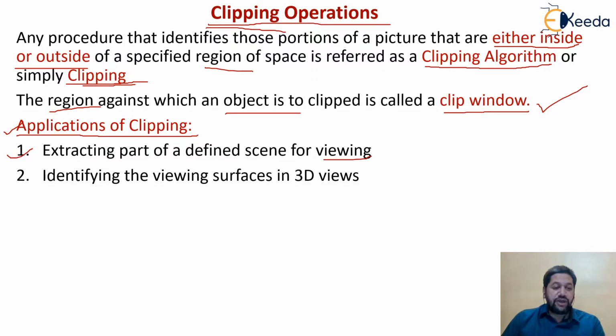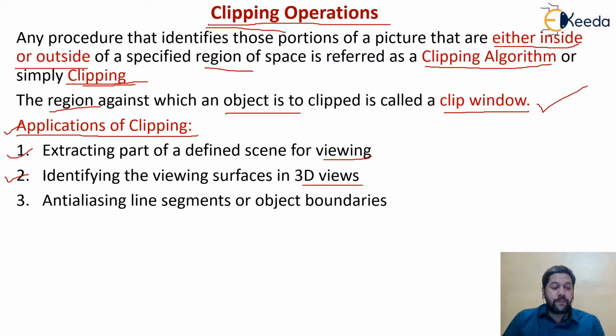Second application, identifying the viewing surface in three-dimensional views. In the three-dimensional view, I just want to identify some of the surfaces, so in that case also clipping is used. Then we can use clipping in anti-aliasing line segments or object boundaries.